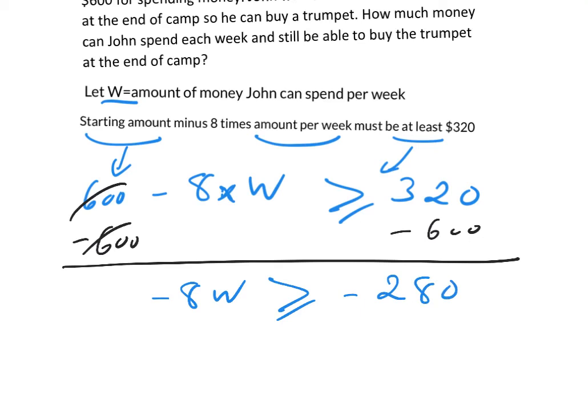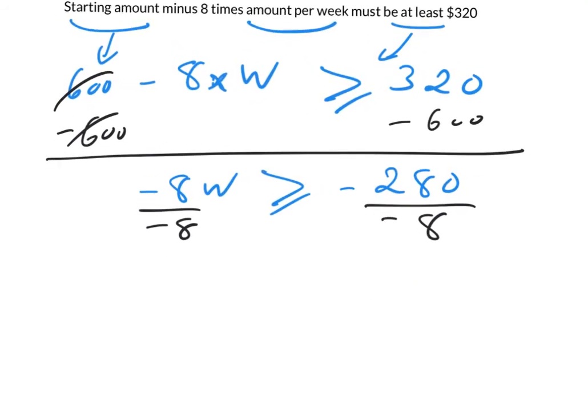Now we need to cancel the -8. So we're going to divide both sides by -8, right? And because we divided by a negative value, what's going to happen?